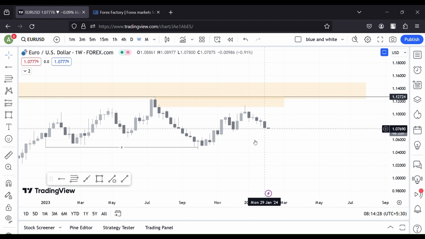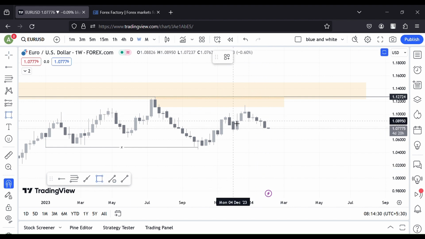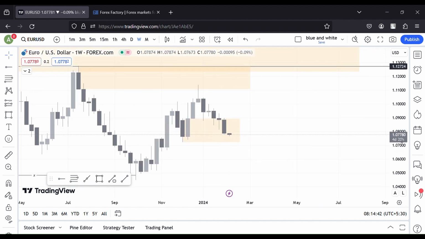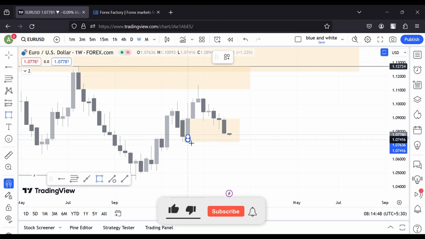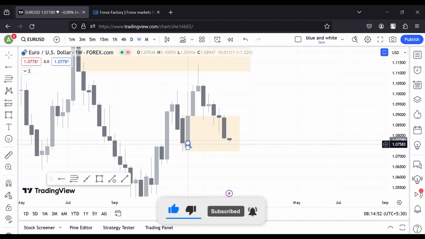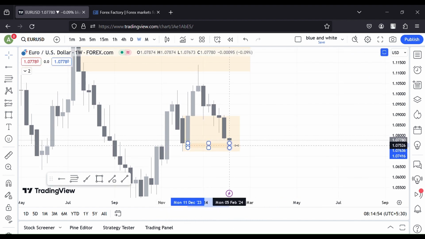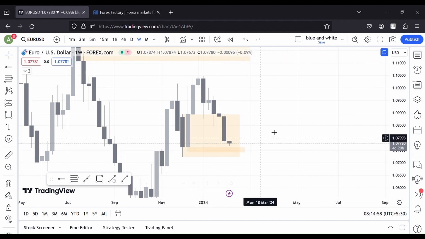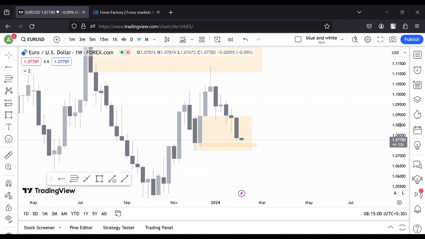We have this weekly order block in the zones, and the last unmitigated part in this weekly order block is this candle's wick over here. So there is nothing more to see in the weekly charts.